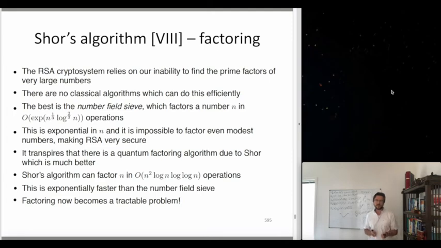But Shor's algorithm can factor n, and what you see is O of n squared log n log log n operations, which is significantly faster than the fastest classical algorithm. So it's exponentially faster. And factoring all of a sudden becomes a tractable problem. It's solvable on a significantly powerful fault-tolerant quantum computer.